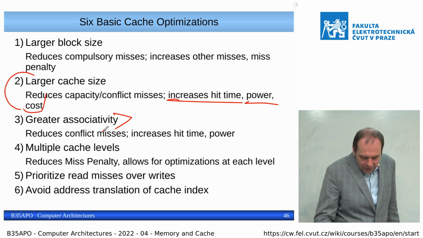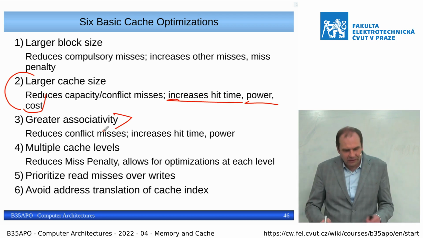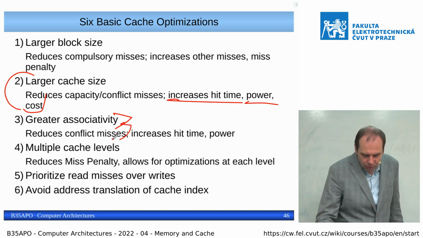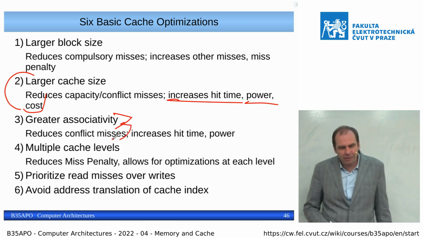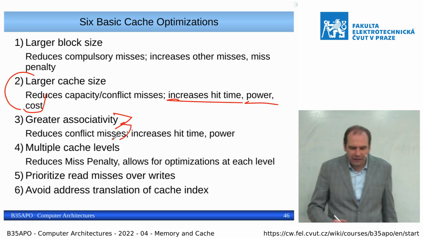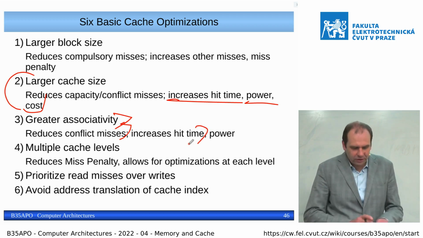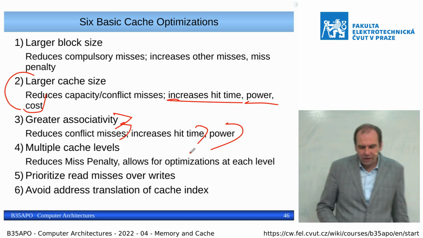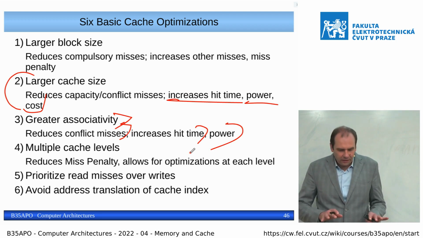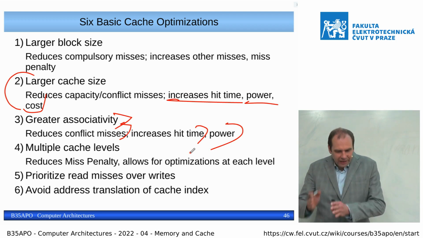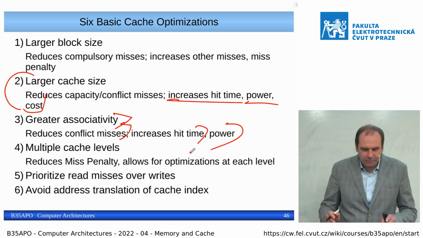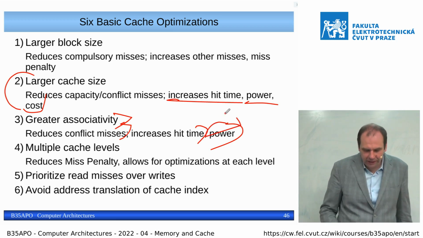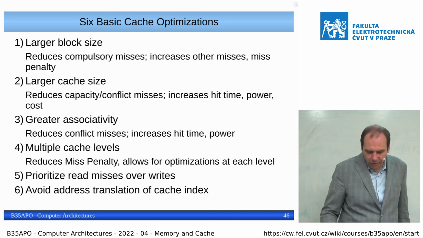If you increase the associativity, then again it helps to reduce the number of conflicts, but it increases the hit time because the logic is more complex and, in fact, more ways are addressed in parallel and more comparators work in parallel. So again, you lose power.